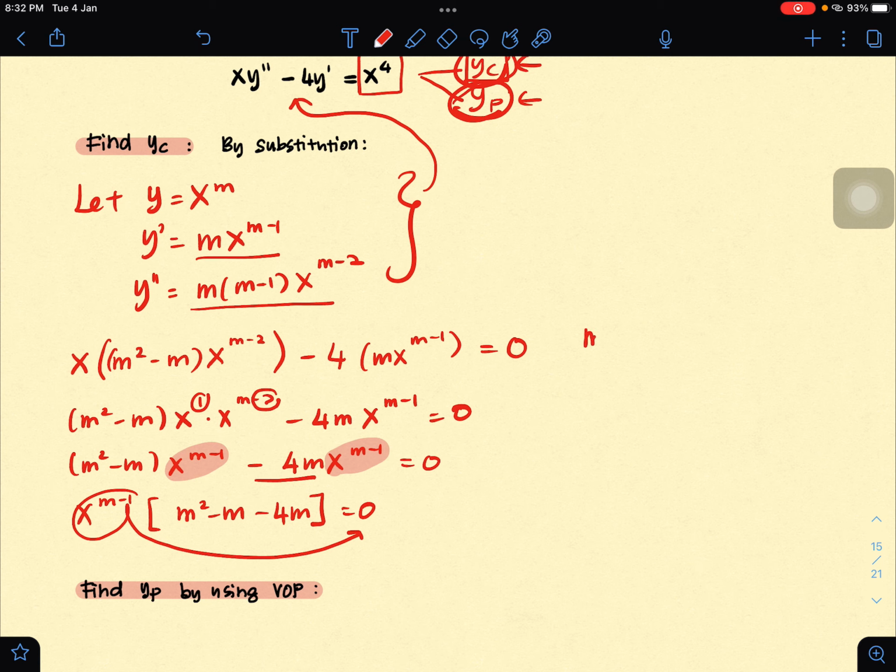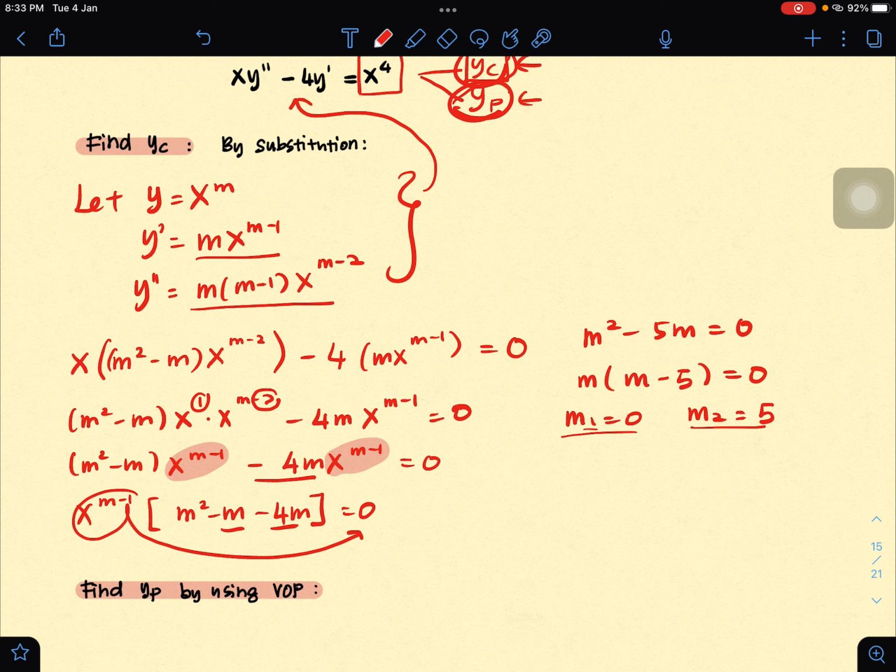What you have here is m square minus m minus 4m, which is minus 5m, equal to 0. So you factorize m, you have m times m minus 5 equal to 0. So your m1 equals 0 and your m2 equals 5. Now you have two different values of m, means you have real and distinct roots.